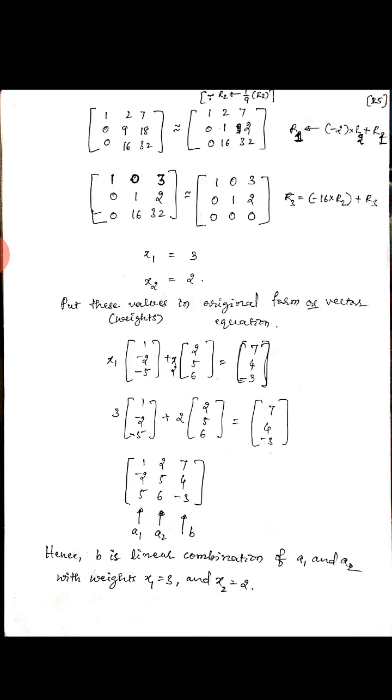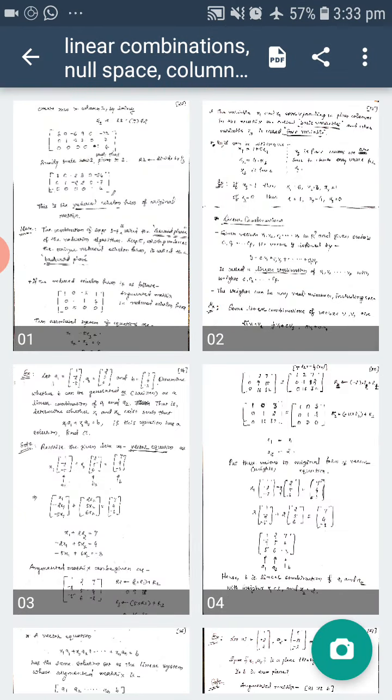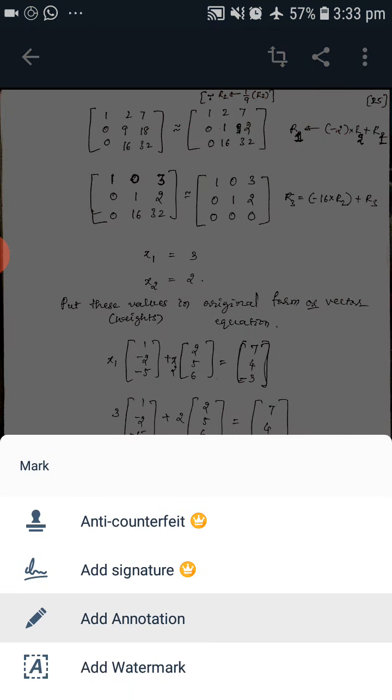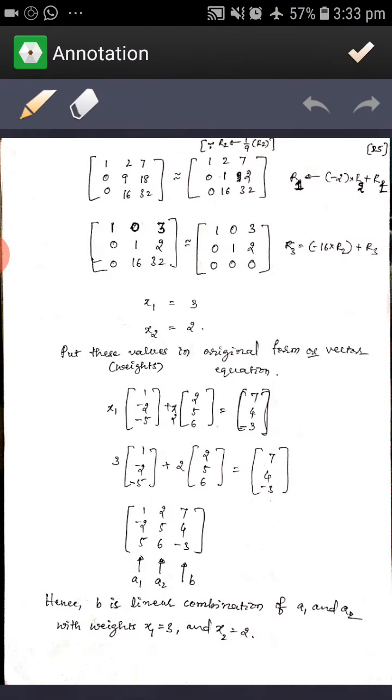If you apply the x1, x2 values here, the values 3 and 2, then you can see what this gives. 3 into 1 is 3, plus 2 into 2 is 4, so 3 plus 4 is 7.